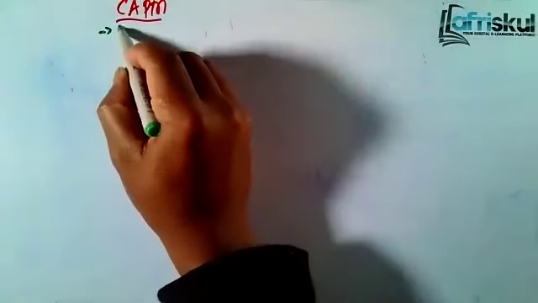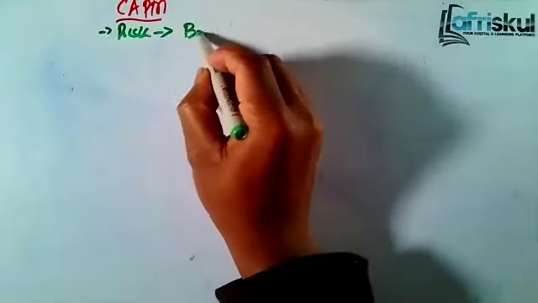For those who joined today who were not in last time, let me remind you of some formulas. Let's go to the whiteboard. Under CAPM, the risk is measured using the beta factor.